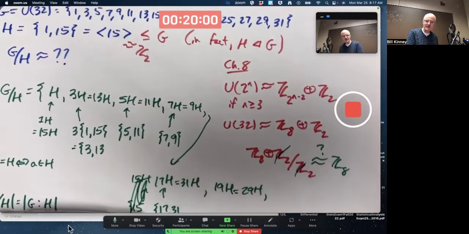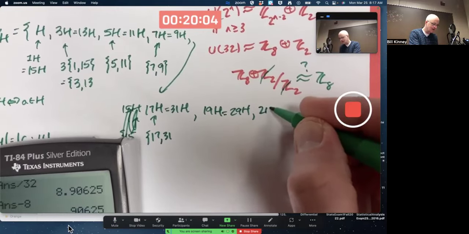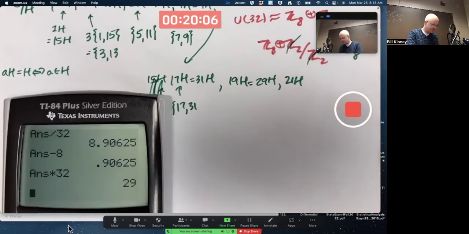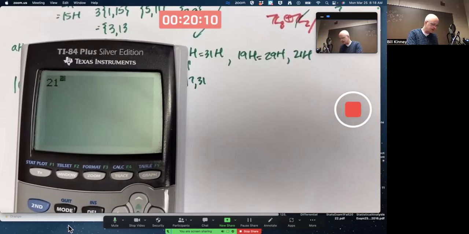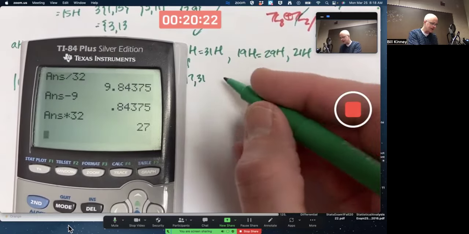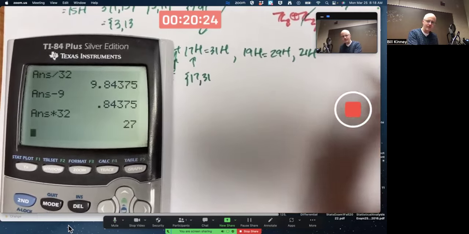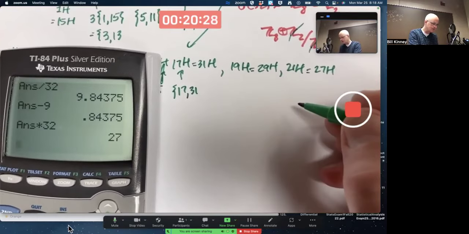Looks like I got to also think about 21H. 21 times 15. Whoops. Mod 32, divide by 32, subtract off the integer part, multiply by 32. It's 27. 21H equals 27H. One more.